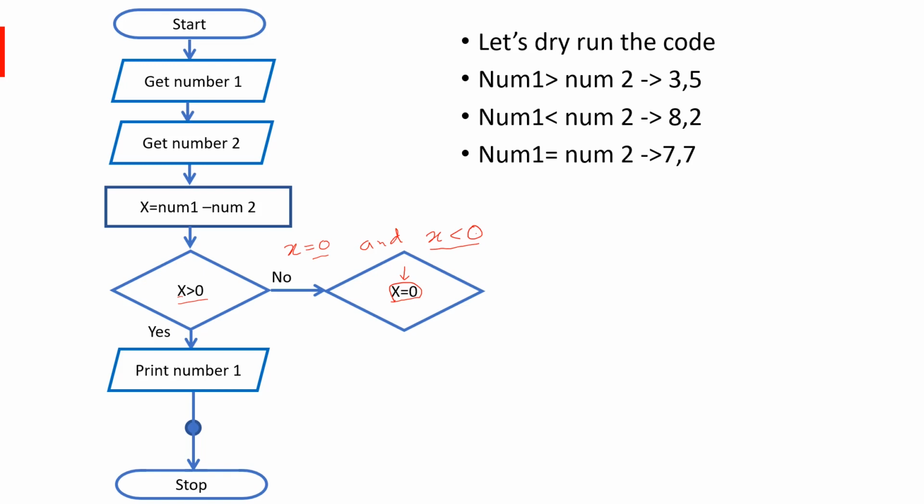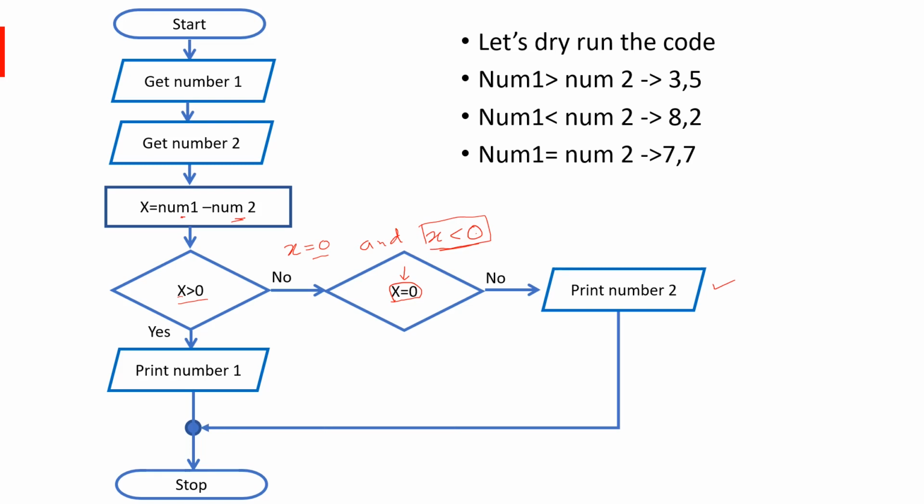Then we check whether it is equal to 0. If that is also not satisfied, that means x is negative. In other words, number 2 is larger than number 1. So in that case, we will print number 2 as in the previous case, and we stop the program. So then no issue at all.